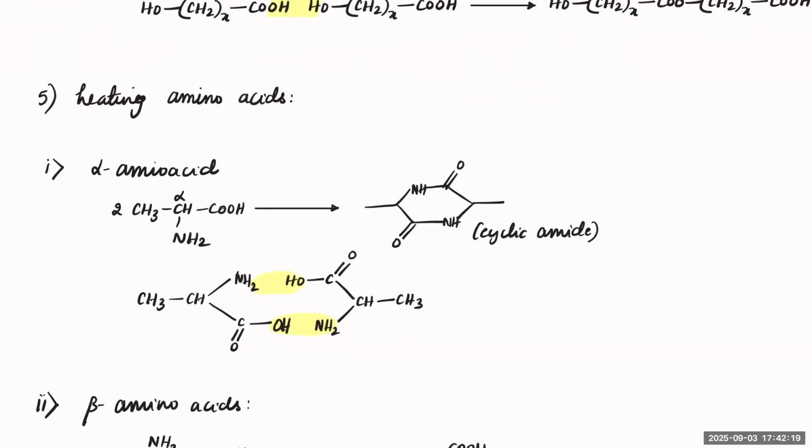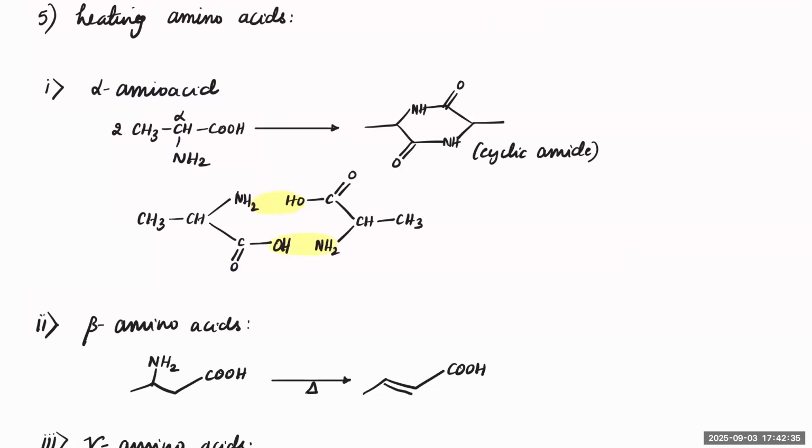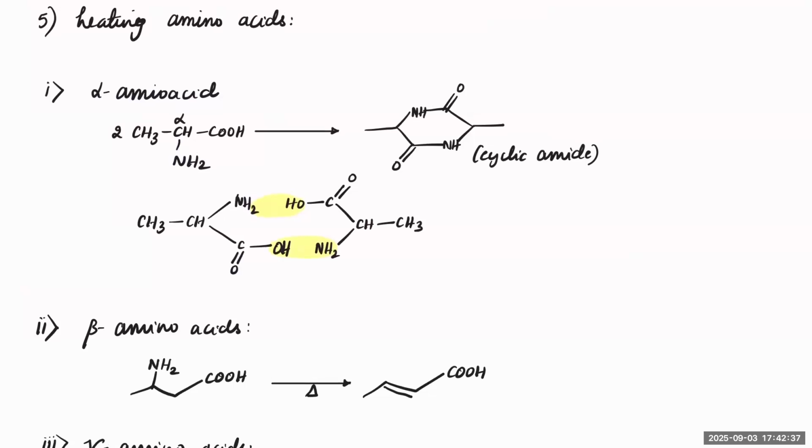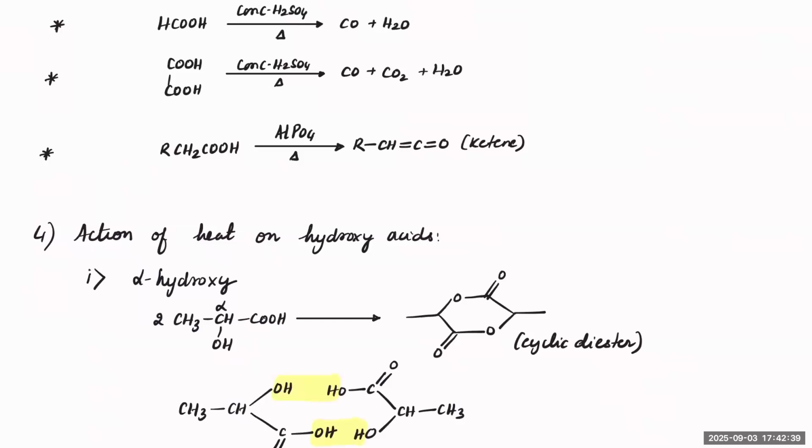Next, heating amino acids. Earlier, what we did was heating hydroxy acids. Now let's see what happens if you heat amino acids. If I have alpha amino acid, at alpha position I have NH2. Okay. And what we did in these cases with OH, you do exactly the same with ammonia also.